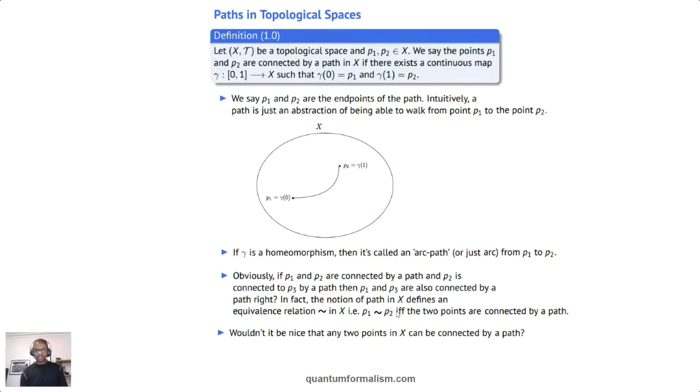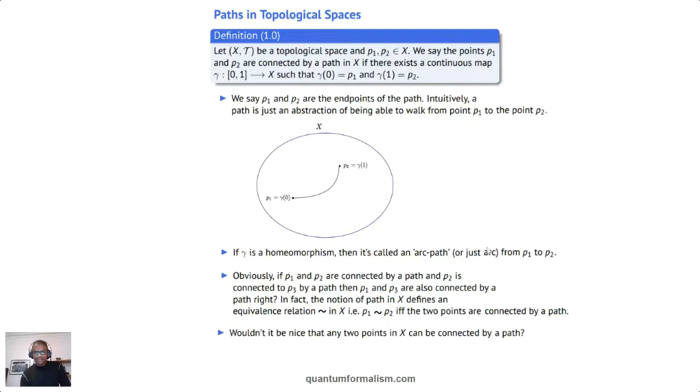In fact, this means the path connectedness relationship between 2 points is an equivalence relation. So you can define P1 and P2 to be equivalent if and only if the 2 points are connected by a path. This is an equivalence relation.